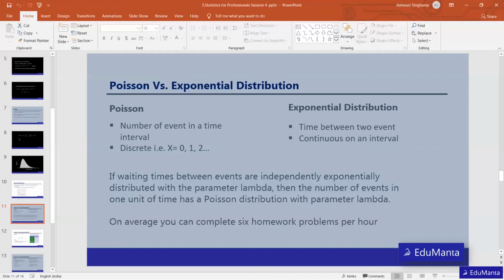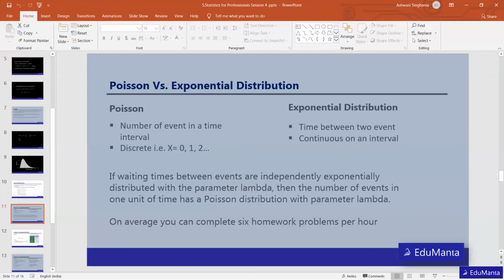So what does it mean? That the time between two events is independently, exponentially distributed, then the parameter is lambda, right? We will see how to calculate that.